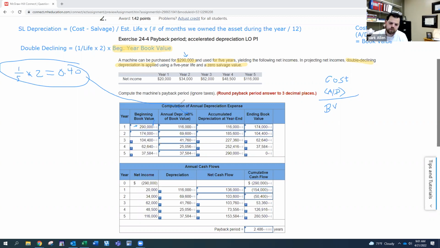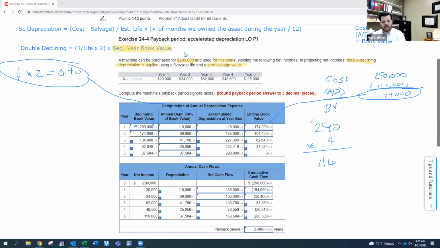Now, all we're going to do to get the accumulated depreciation at the end of the year is take your 290, multiply that by 0.4, and you'll get 116. Now, for your ending book value of year one, you'll have 290 minus 116. That'll give you 174. That will be your ending book value for year one.